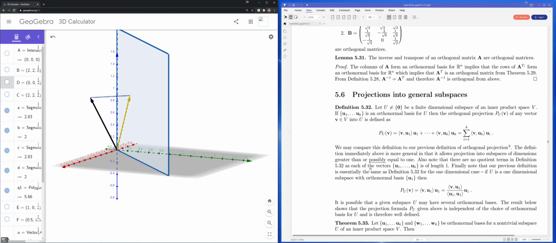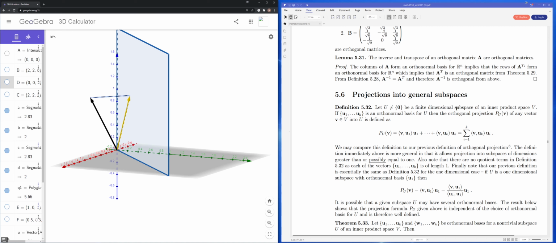A formula for calculating the projection of a vector such as this black vector v into a subspace such as this plane u needs an orthonormal basis for the subspace u to start with.